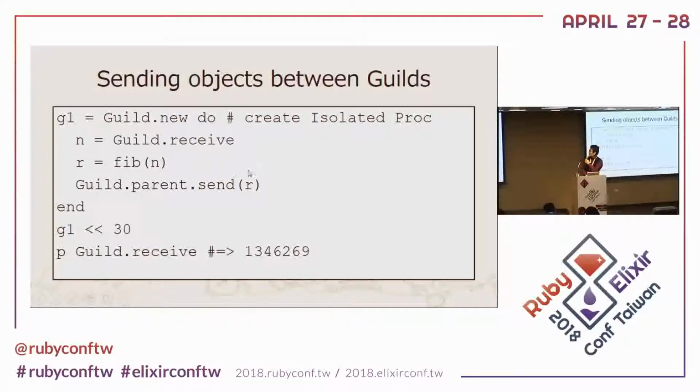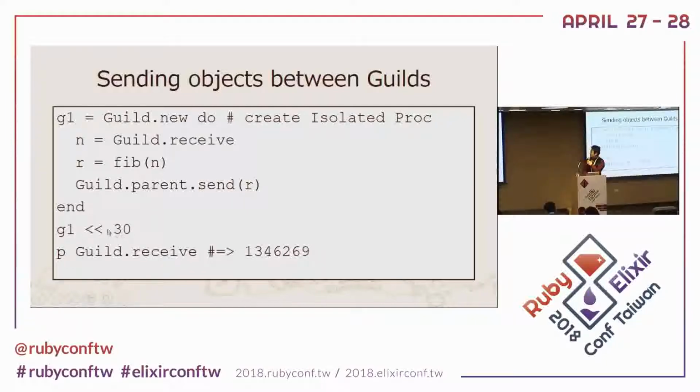This is a very simple example. Make a G1 guild. G1 receives some value from another guild, receives this new number and runs some task. In this case it calls a Fibonacci function, and it sends the result back to the parent guild.